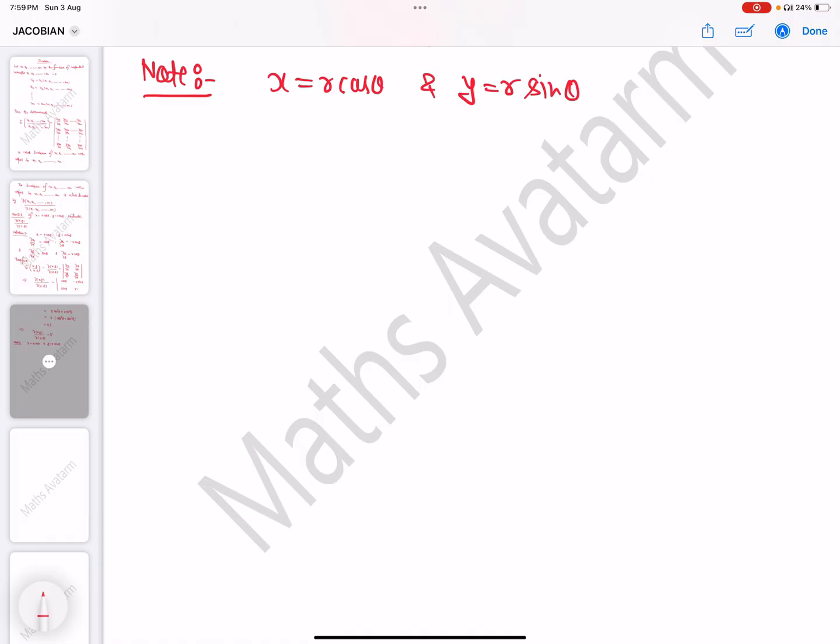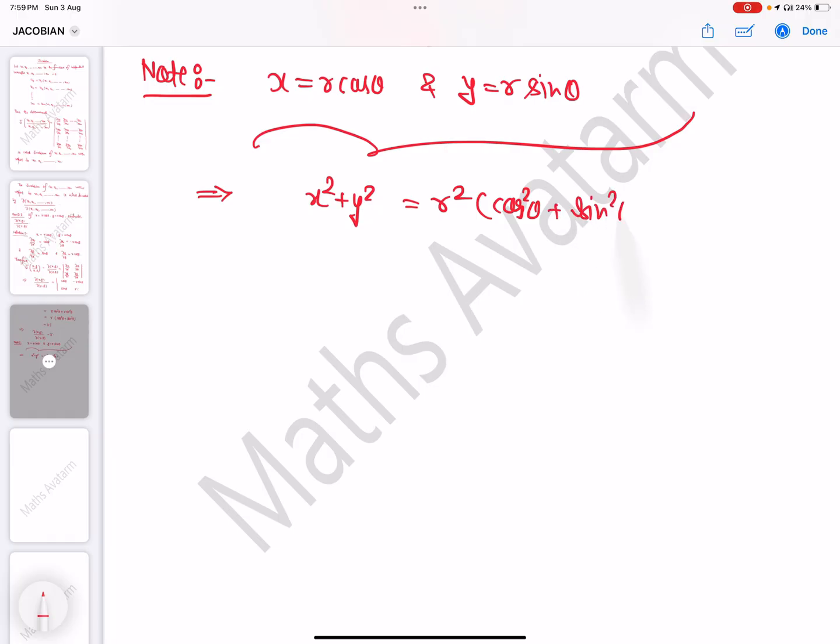Now after solving this, what will we get? x square plus y square is equal to r square (cos squared theta plus sin squared theta), that is r square.